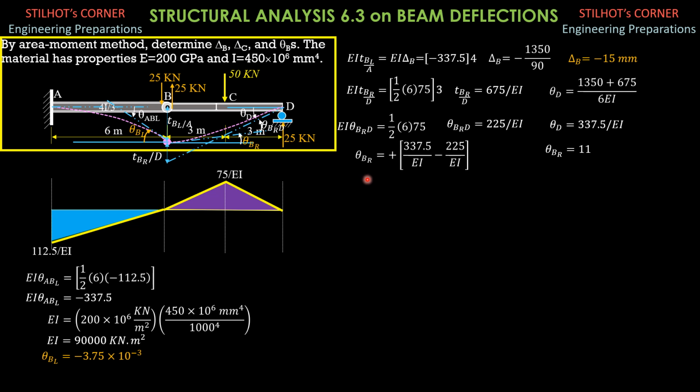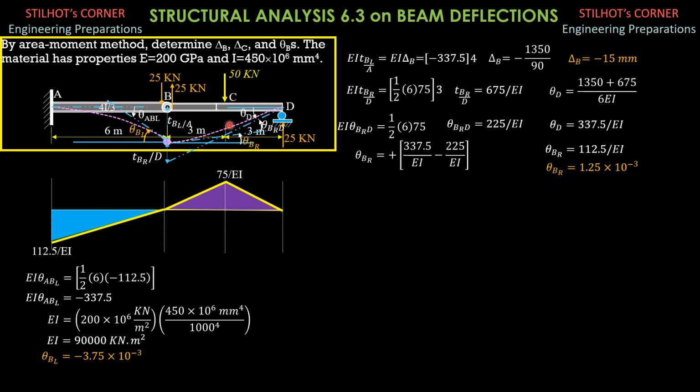So theta B right is equal to 112.5 over EI divided by 90,000. So that would be in radians. Theta B right is equal to 1.25 times 10 to the negative 3 radians.